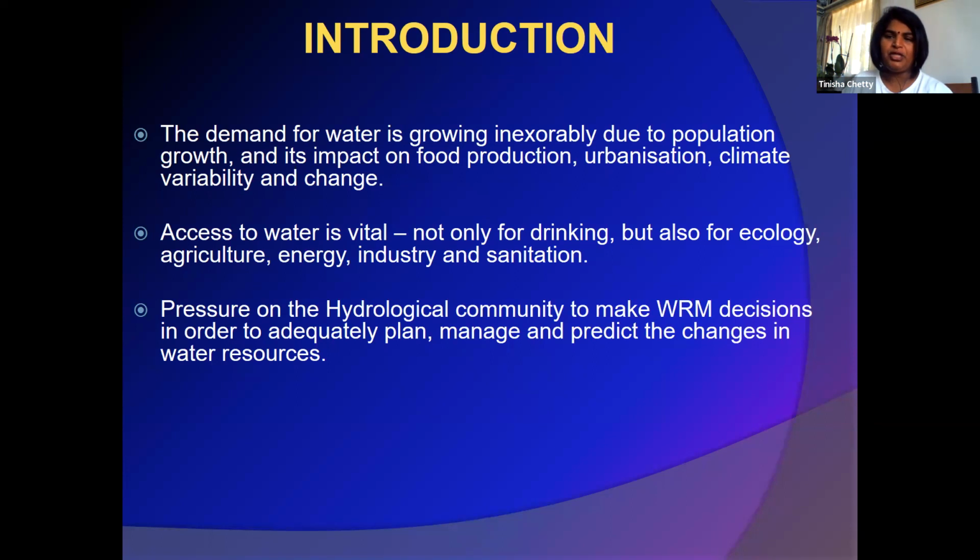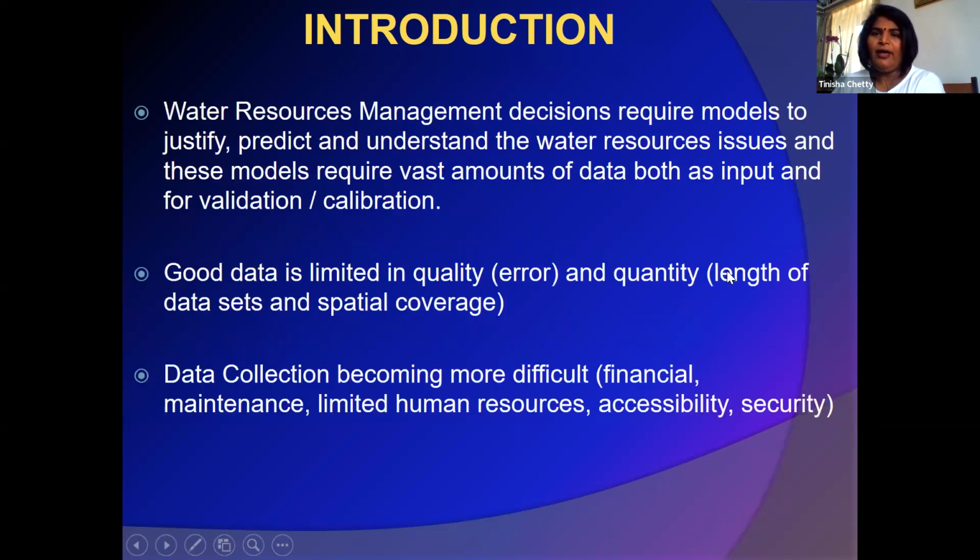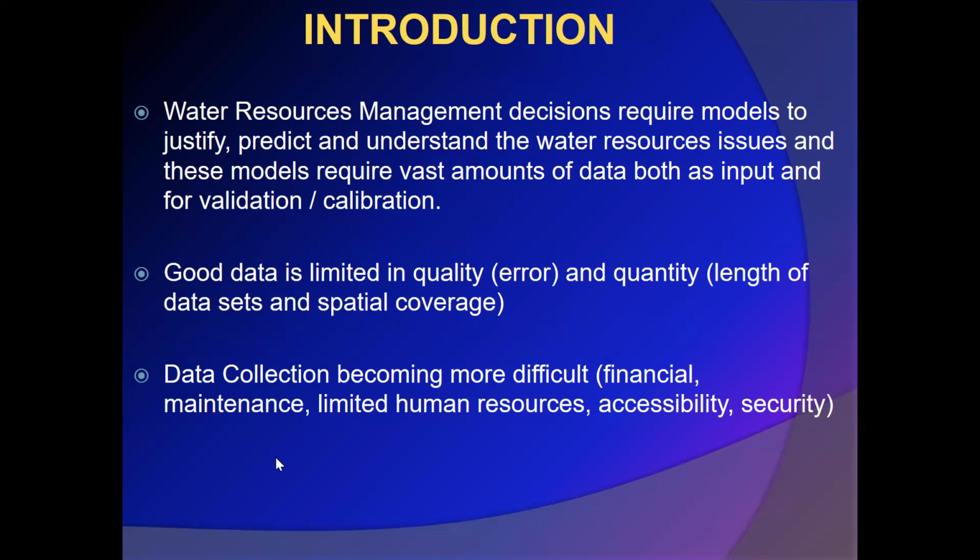However, these decisions don't come with a thumbsuck, and these decisions require adequate modeling and information. They require prediction. They require vast amounts of data, both as input and for validation and calibration.